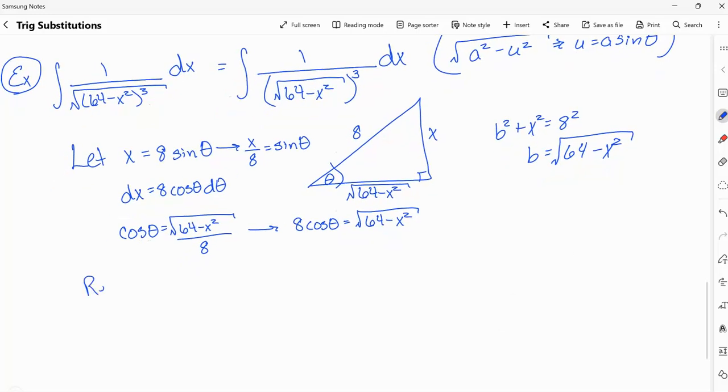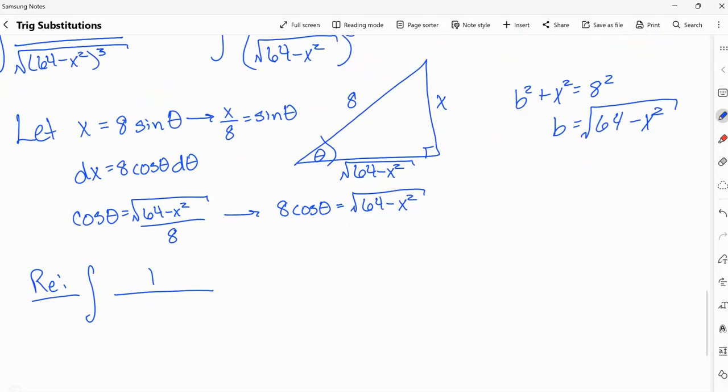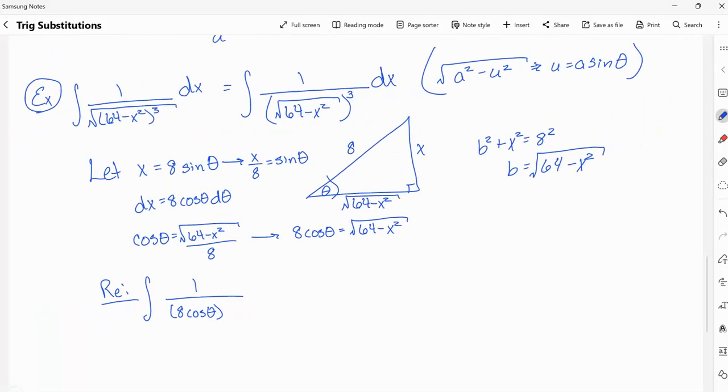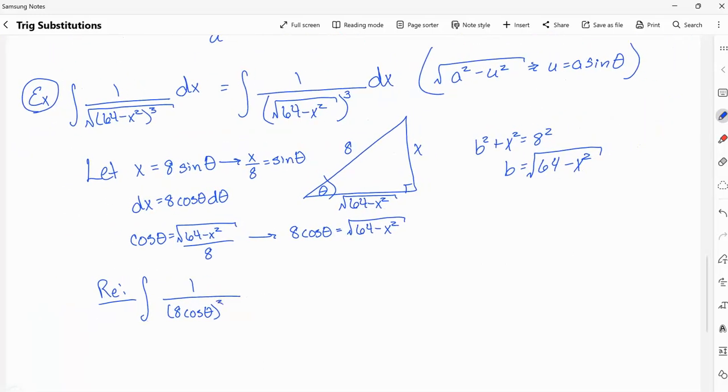So we're going to rewrite this problem. So we have 1 over that square root of 64 minus x squared, which is 8 cosine of theta. And that is raised to the third power. And then our dx was 8 cosine of theta times d theta.